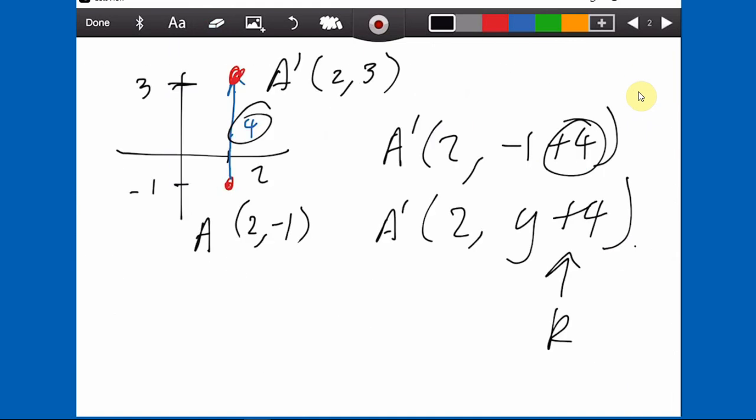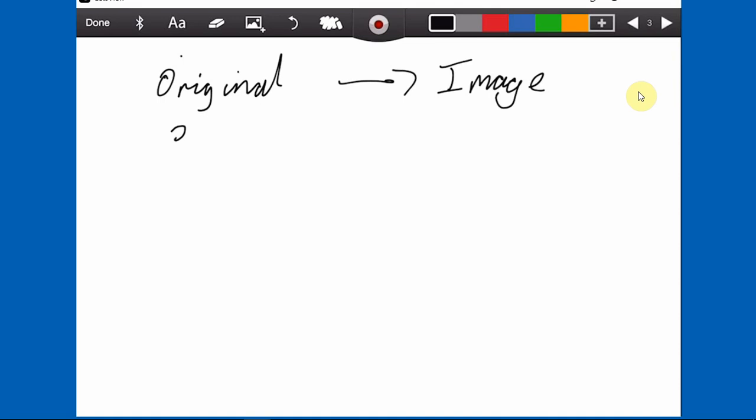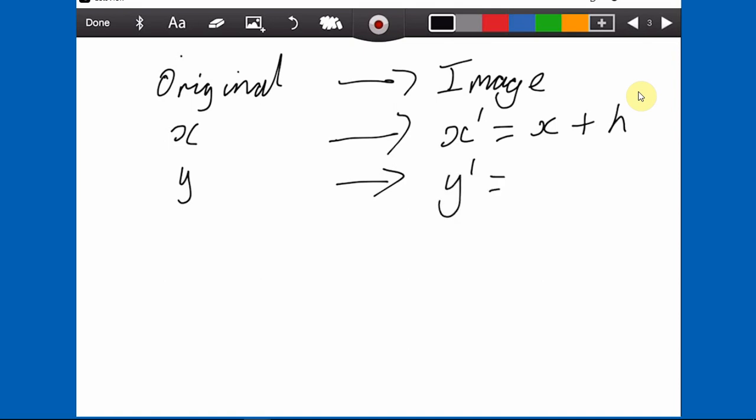So if we've got our original, and then we go to our image, then our original x and our original y go to our image, and our image x would be our original x plus whatever translation h, and our image of y would be our original y plus our k.